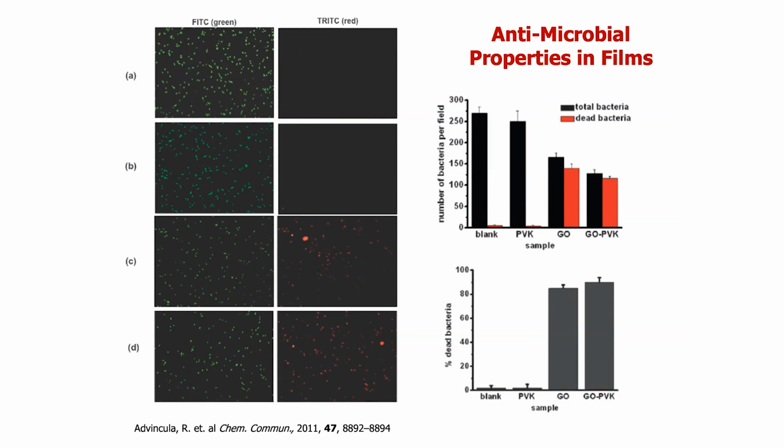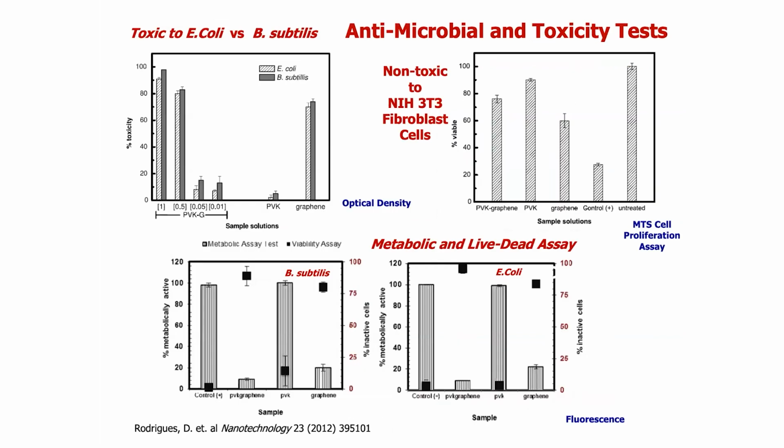Now, in another variation, we can compare the performance against gram-positive and gram-negative bacteria. Between E. coli and B. subtilis, it has shown the same or high toxicity. However, when it comes to exposure to fibroblast mammalian cells, it did not kill as much, with up to 80% survivability, indicating that graphene, PVK, or graphene presence is less harmful to mammalian cells.